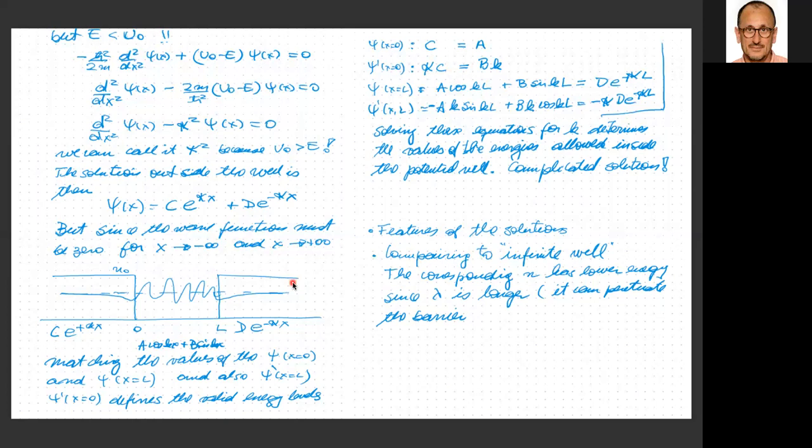That makes no sensible solution. So the boundary condition imposed is that the wave function should be 0 at infinity, which makes sense for this kind of potential.